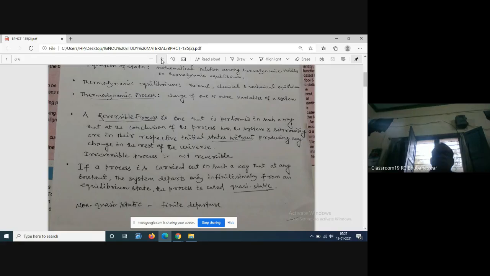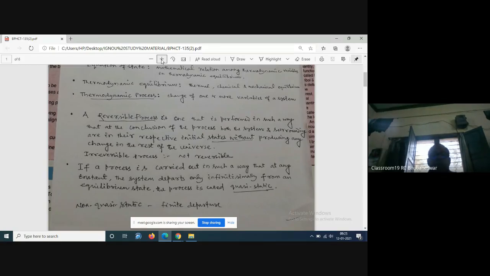Suppose the initial state has pressure P1, temperature T1, and volume V1. When the system undergoes a change, the pressure, volume, temperature, or any one of them changes. After so many steps, when we reach the final state, we see the pressure, volume, and temperature of the system are the same, P1, V1, T1.